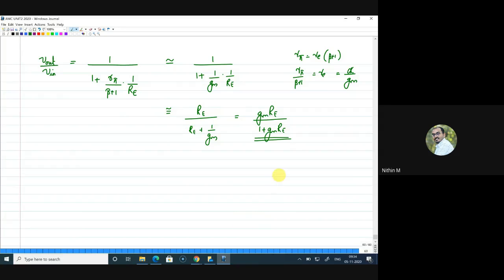There we wrote it as GM RS by 1 plus GM RS. I hope you remember that.